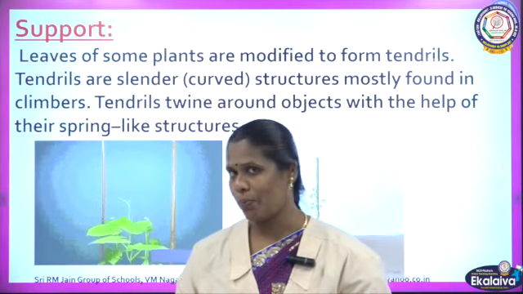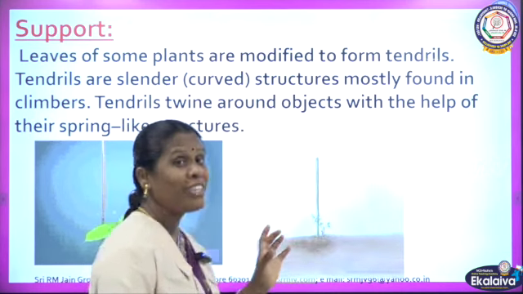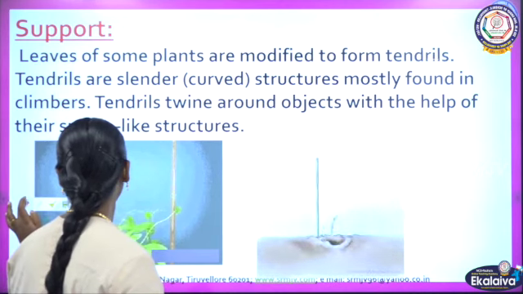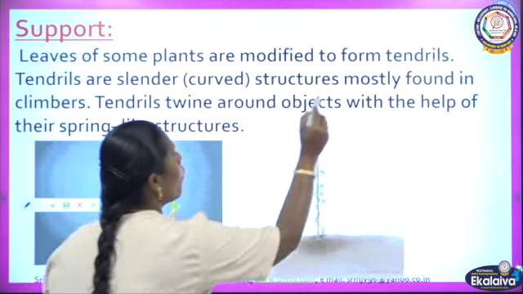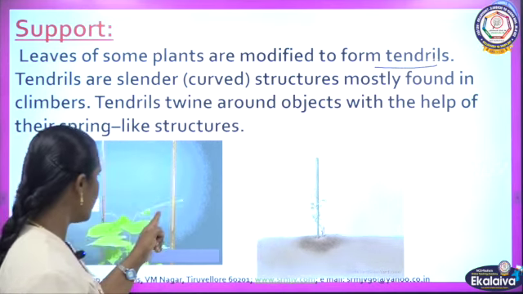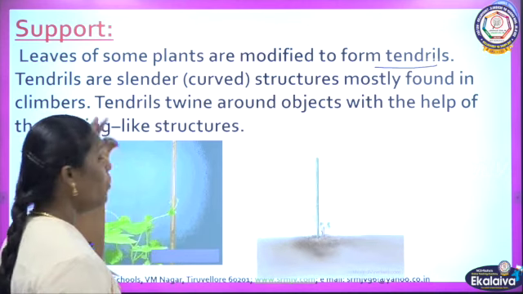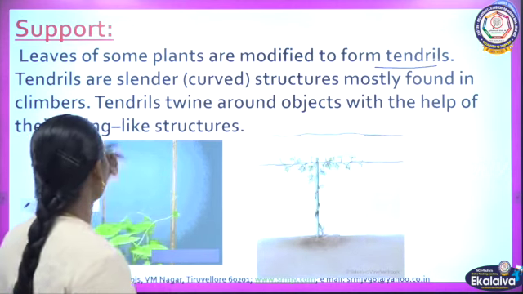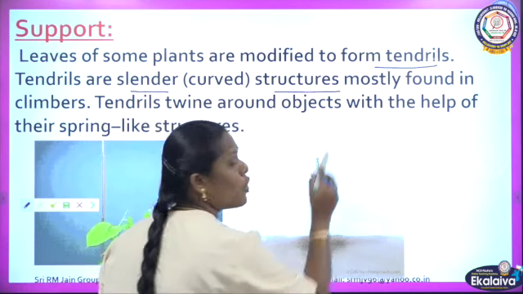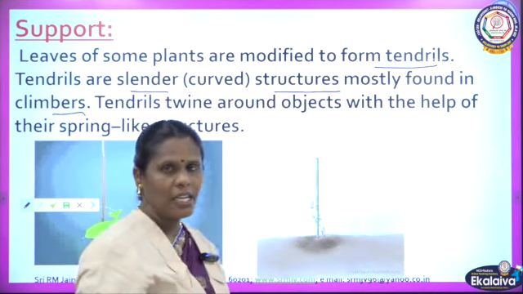First one, support. You see, in some plants the leaves are modified to form tendrils, right? See, this is a tendril, okay? What are tendrils? Tendrils are slender or curved structures mostly found in climbers.